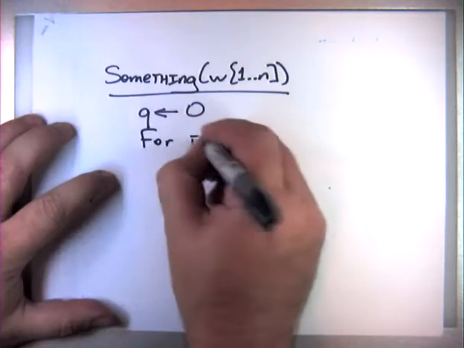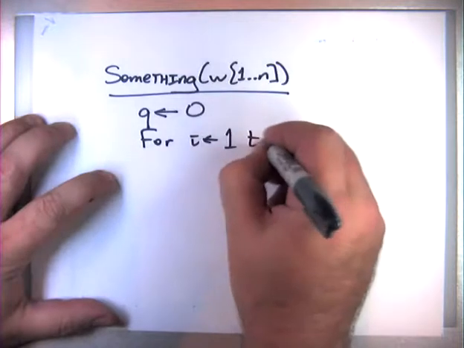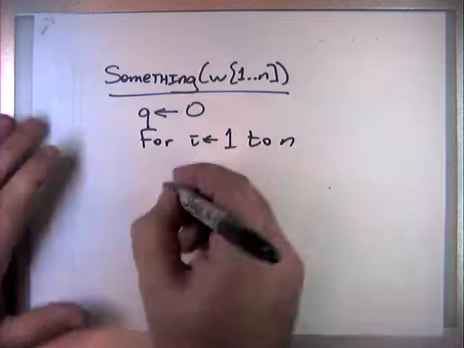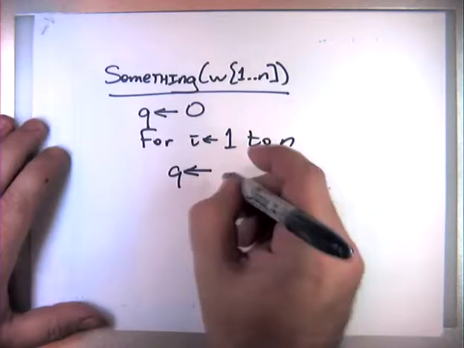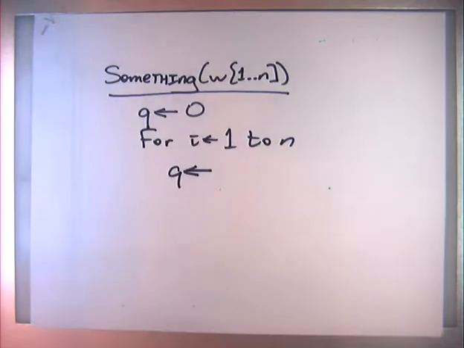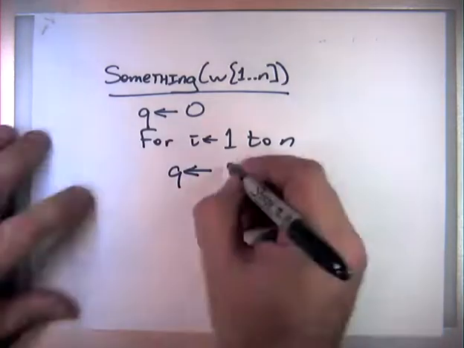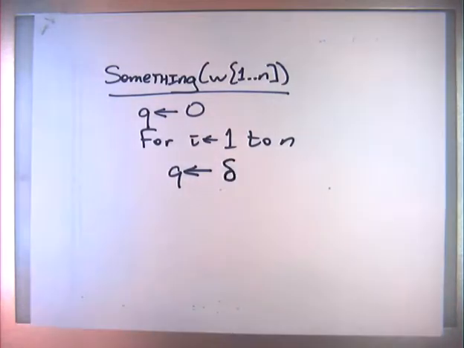And then I'm going to just scan through the input, and based on the character that I read in the input at position i, I'm going to change my state. So I'm going to have this function which, to give you a mnemonic, historically is called delta.